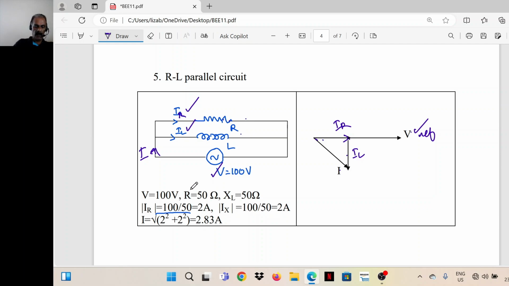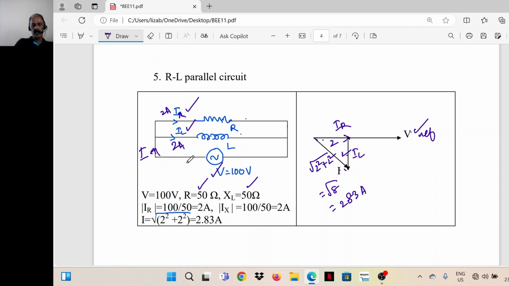So here also some values are given. R is 50 ohm, XL 50 ohm. So 100 volt, 100 by 50, 2 ampere, IL also 2, both are 2 ampere each. The total current is square root of 2 square plus 2 square, so square root of 8, that is 2.83 ampere.